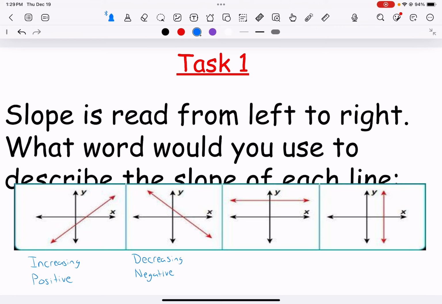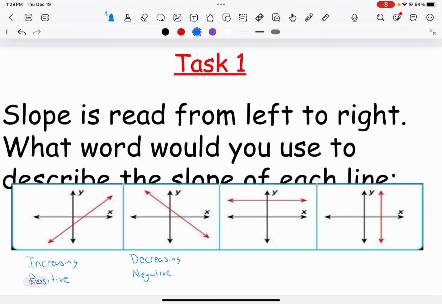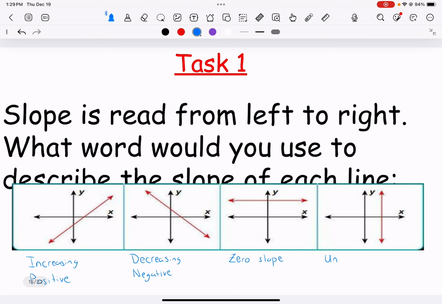When we have a flat horizontal line, we would say that the slope of this line is equal to 0. And a vertical line, since it's not a function, has an undefined slope.